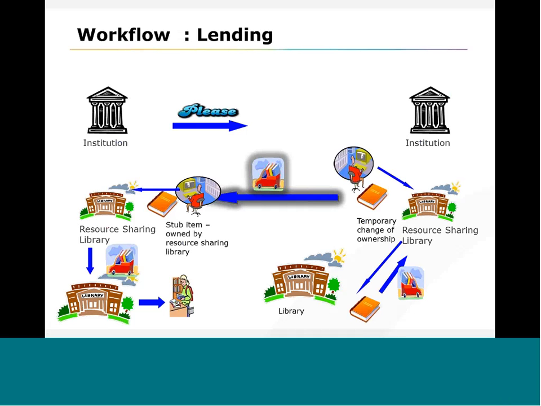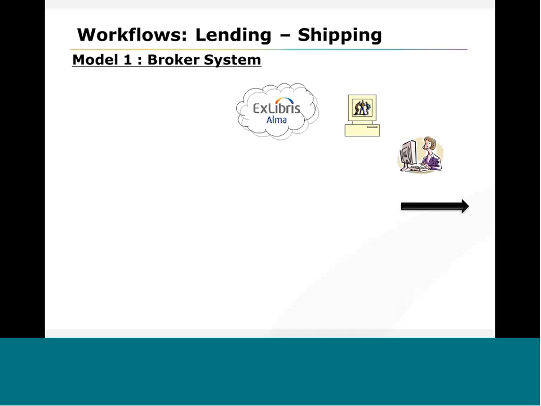Next, the item is shipped away. So the operator got the physical item and is now shipping it away. And the way that this happens, and again, let's look at the broker scenario and the peer-to-peer scenario. If it's a broker system, then the operator is doing the shipment, wanding the item at the broker system.